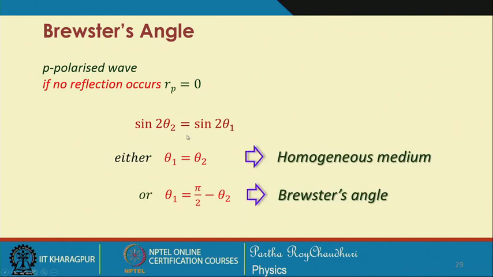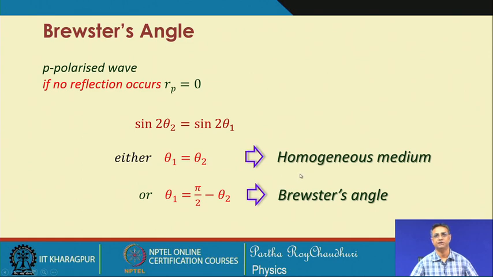This will give you two possibilities: either theta 1 equal to theta 2, that means there is no interface, this is all one medium continuous and the wave does not get bent or distorted, so it emerges straight along the direction; or theta 1 is equal to pi by 2 minus theta 2, which will also satisfy this equation. That tells you theta 1 plus theta 2 equal to pi by 2, which is the condition for the Brewster's angle.